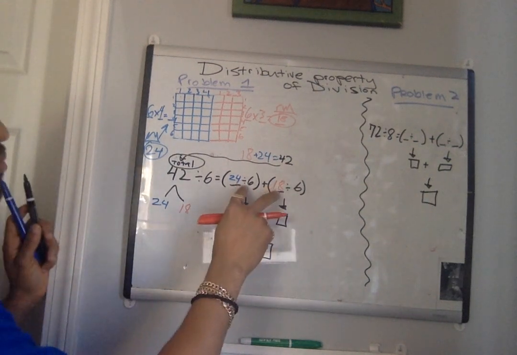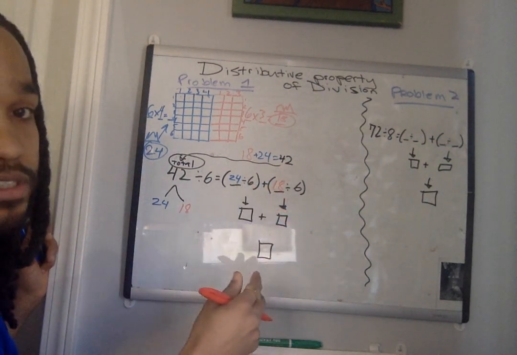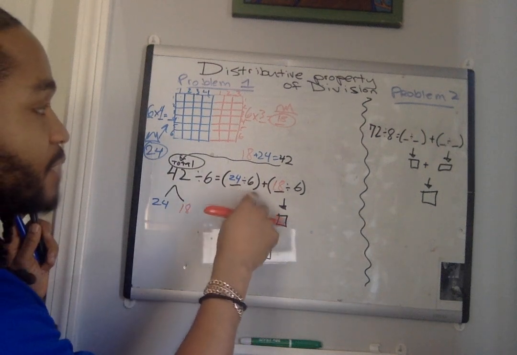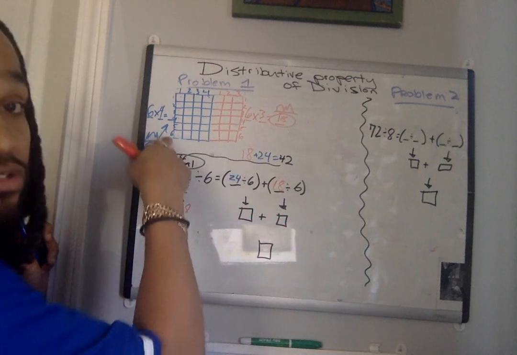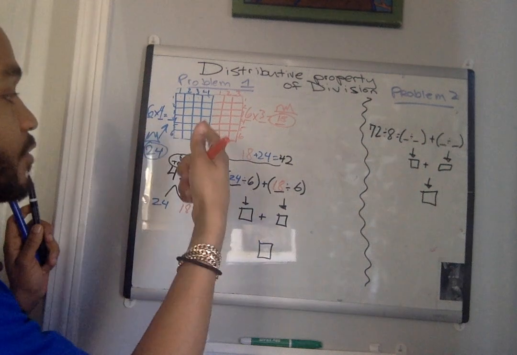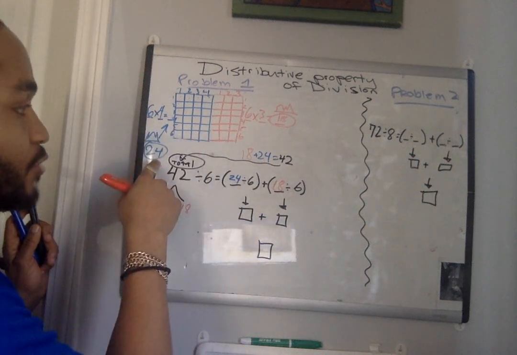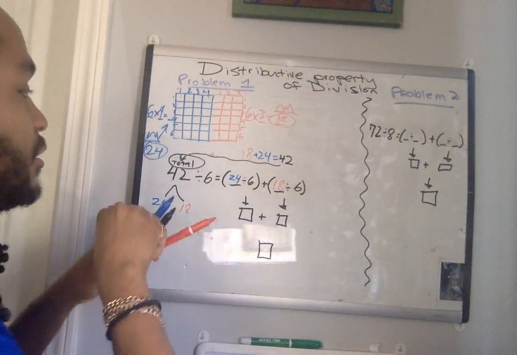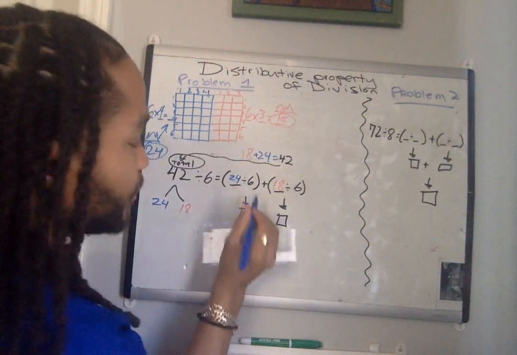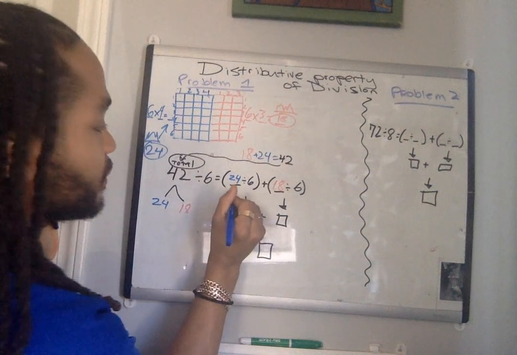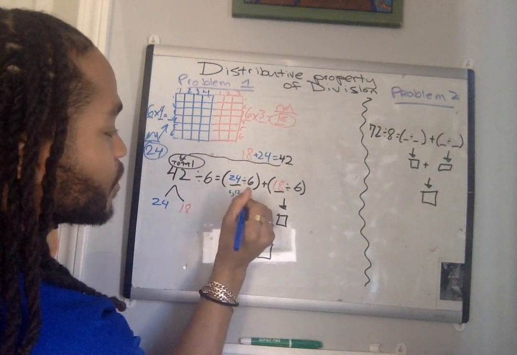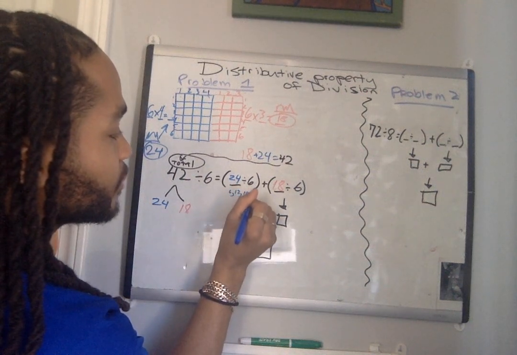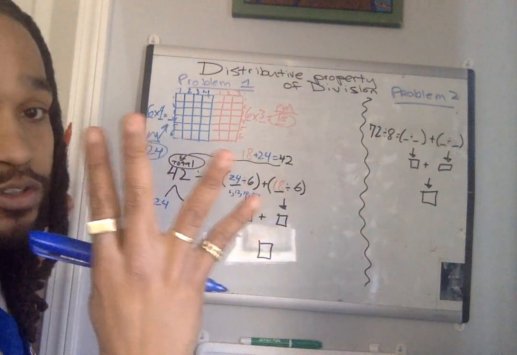Now we have two smaller division equations. 24 divided by 6. Since you did your multiplication already, you already know that 6 times 4 equals 24. So 24 divided by 6 must equal 4. You could skip count by 6: 6, 12, 18, 24. You skip count it 4 times.